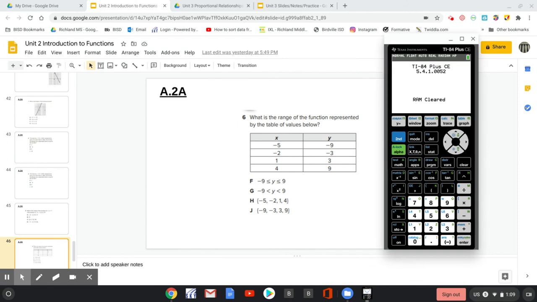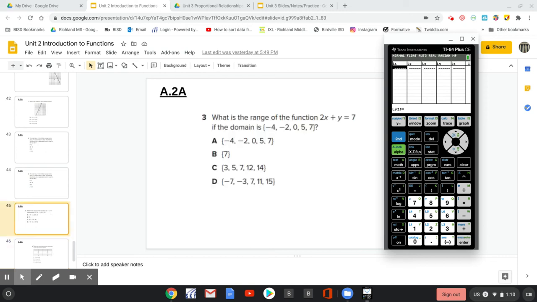Okay. So I'm going to go stat, edit, and I'm going to put in my values. Hold on a second. Yeah, okay, here we are.